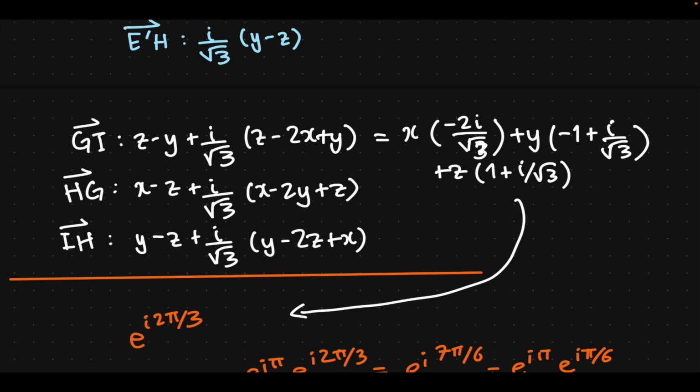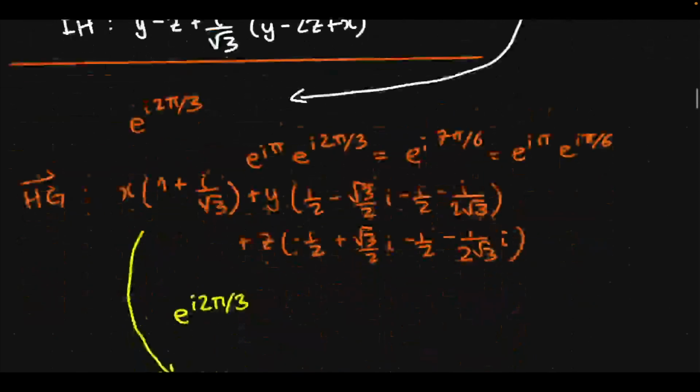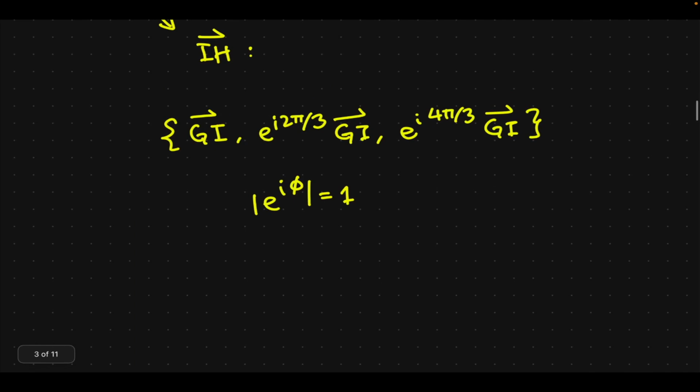So this cyclic choice of these vectors will satisfy this tuple that we have here.